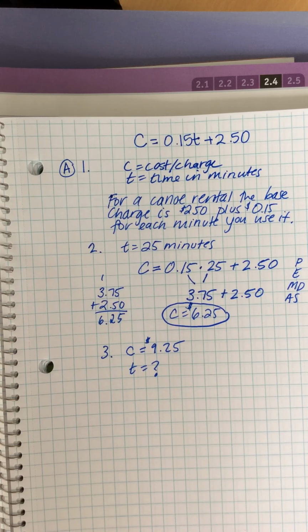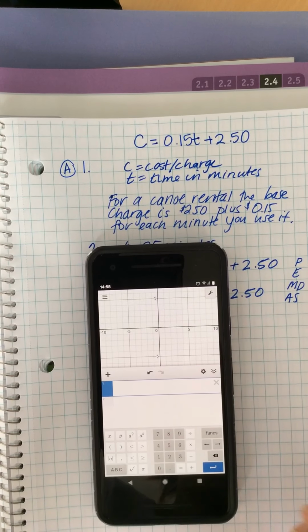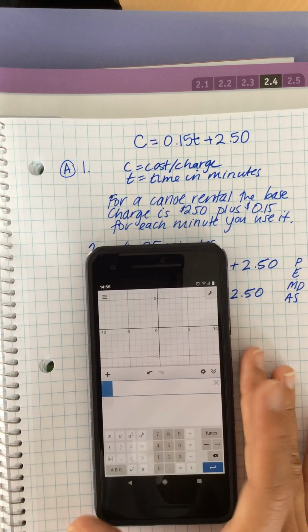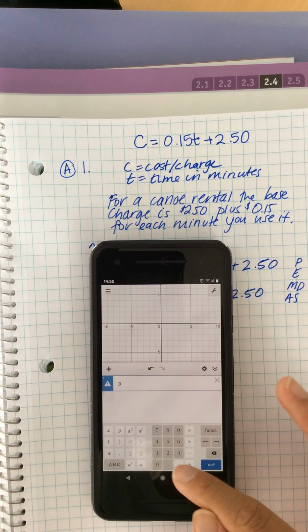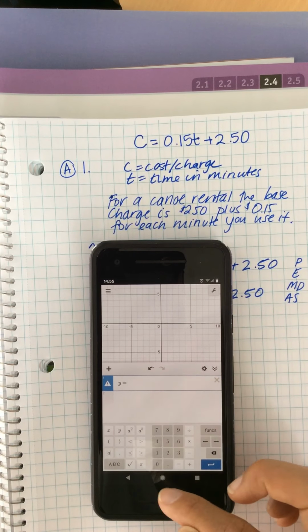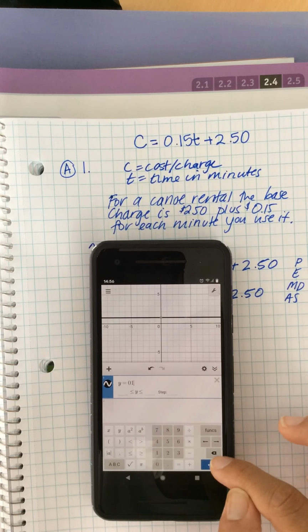I'm going to pull it up on my phone here. And I'm going to type in our equation. So you can type in C and T if you want. It doesn't matter. But I'm just going to use Y and X because I'm doing it on my phone and I don't want to pull all those up. So Y equals 0.15, whoops.